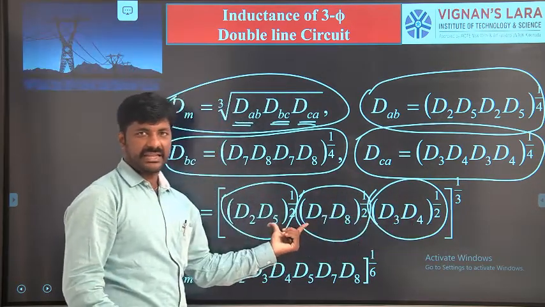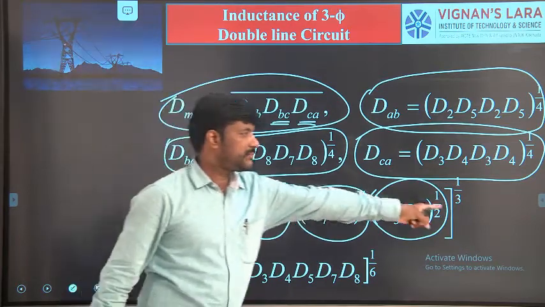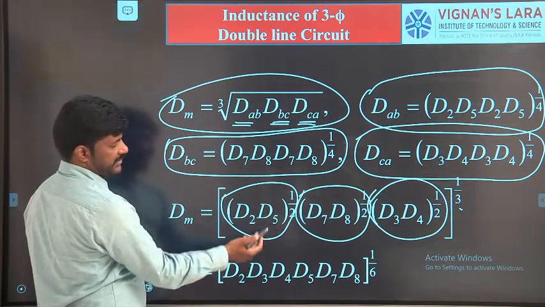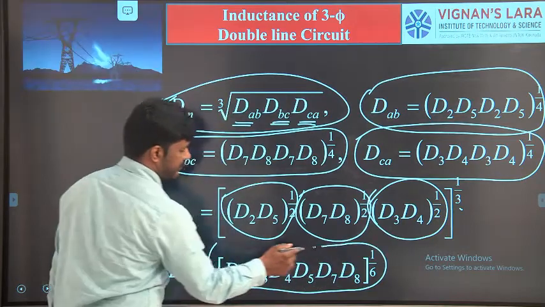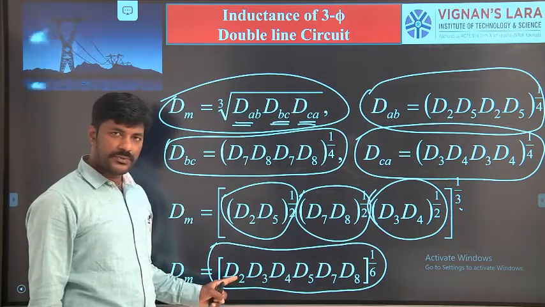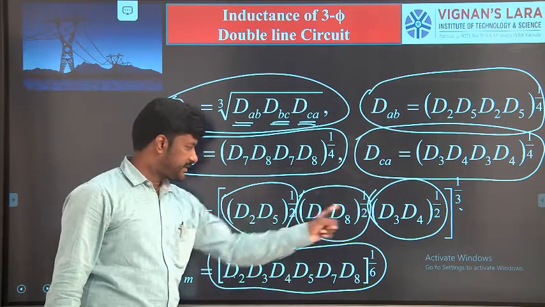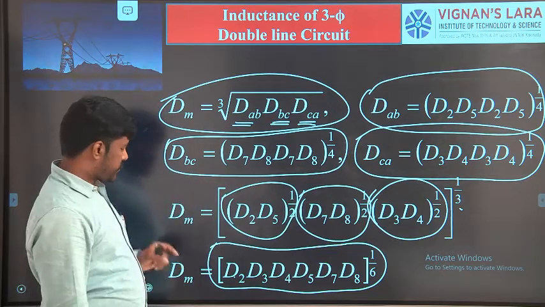Since 3 terms are there, multiply them, whole to the power 1 by 3. Right? So you simplify with this 1 by 2 in the power, then you will get 1 by 6 with the possible 6 distances as I told you. What are the possible 6 distances? D2, D3, D4, D5, D7, D8. Yes, the same. Like this you can find out the mutual GMD.